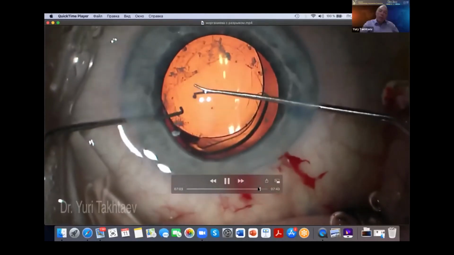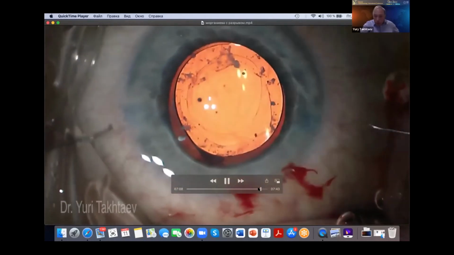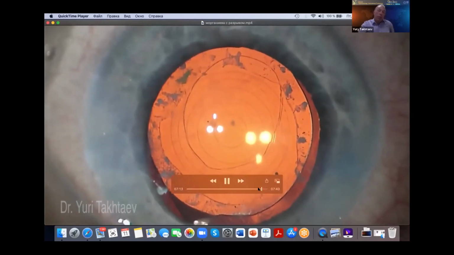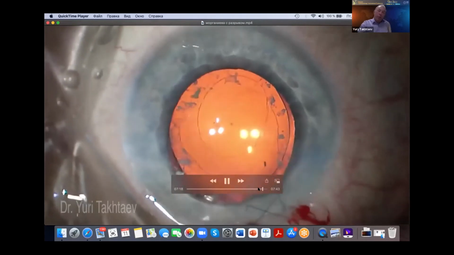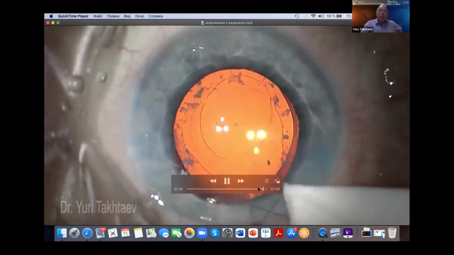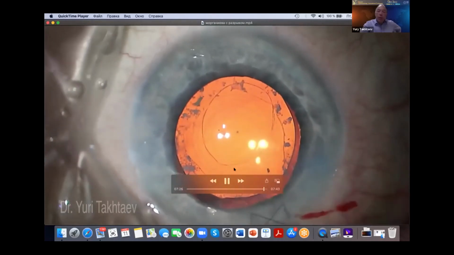Okay, so platform with the hydrophobic acrylic, and you can see the position is very well centered. We received 0.3 by decimal on the next day. After 3 months, it was 20/20. Very good vision outcome. So this is the case.